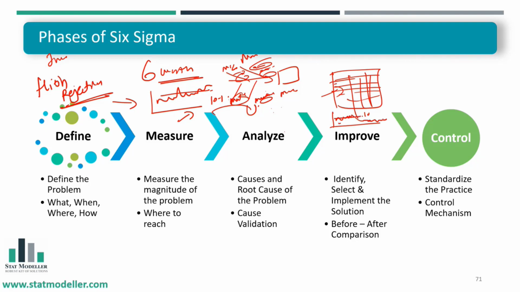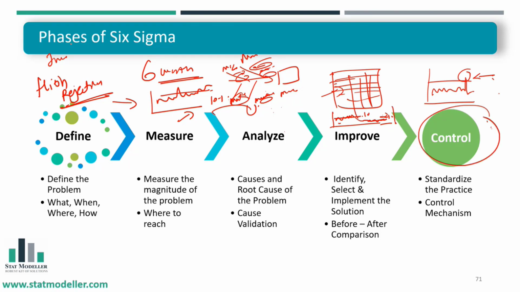Previously it was at 10%, now it is at, let's say, 2%. Then there'll be a sustenance plan where we will be continuously monitoring our performance, and if something happens, you immediately take action. That is the sustenance plan.